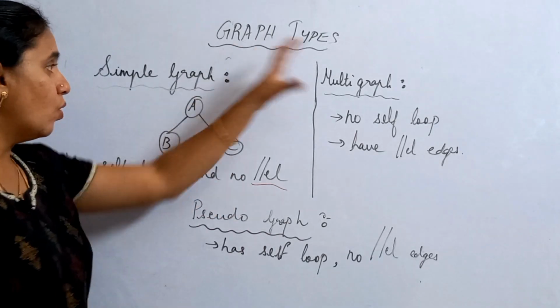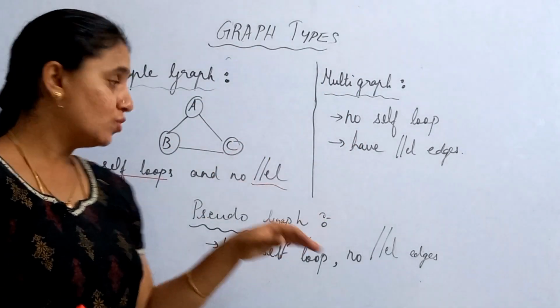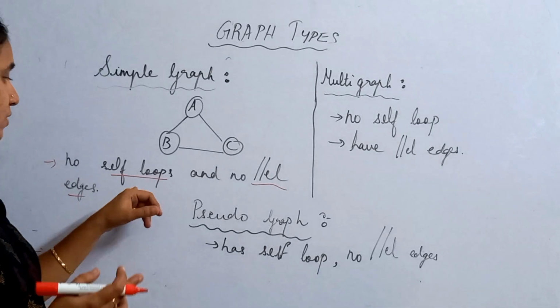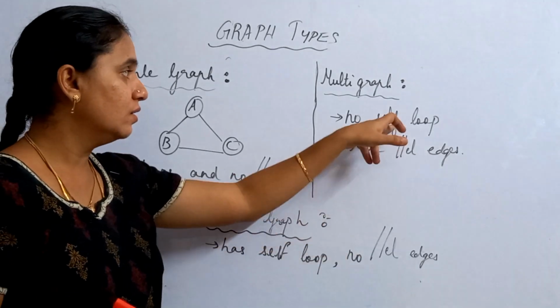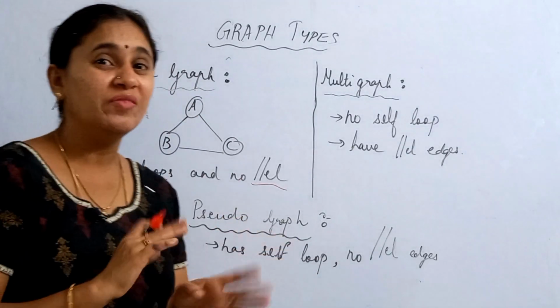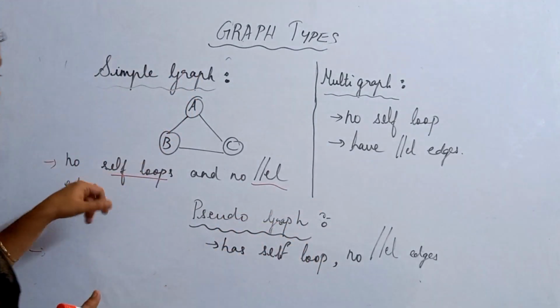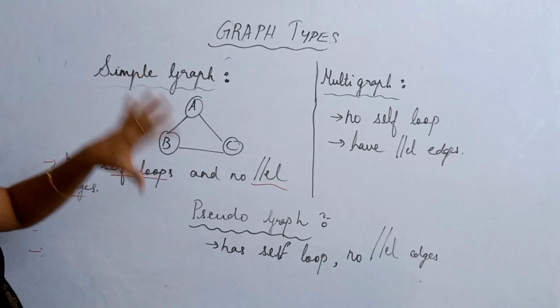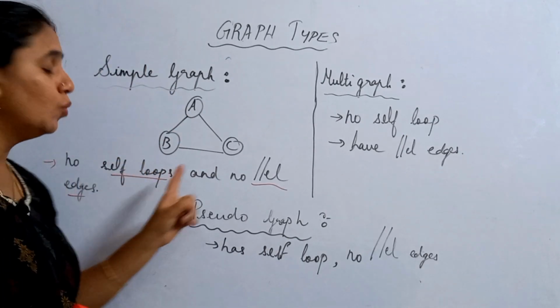All these graphs are constructed based on the conditions of self loops and parallel edges. Self loops and parallel edges have some variance between them. So a simple graph will not have self loops and parallel edges.